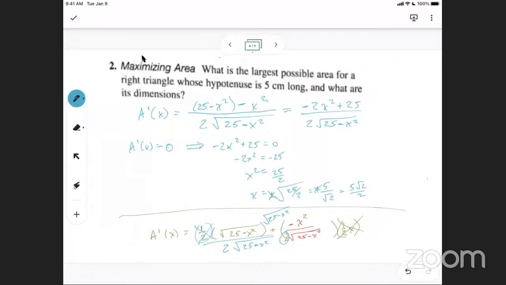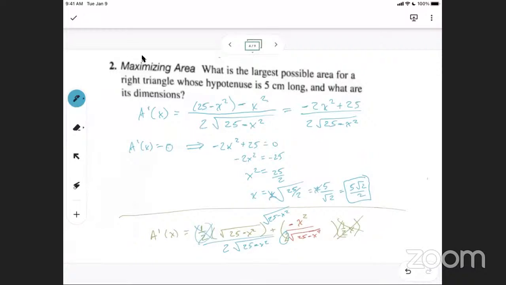So what is the largest possible area? Well, we haven't found the area yet. We've just found the x coordinate. Now I have to use this to find the y coordinate, and then I can use those to find the area. Make sense?